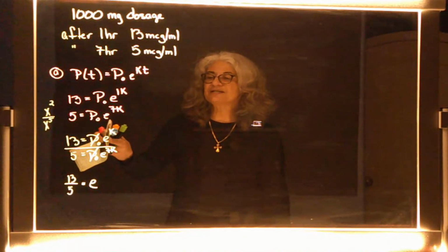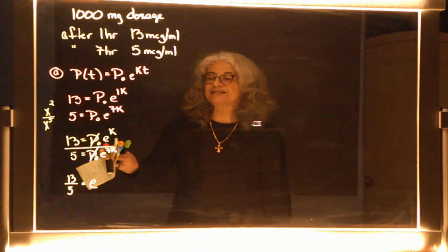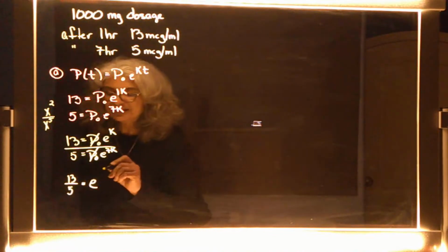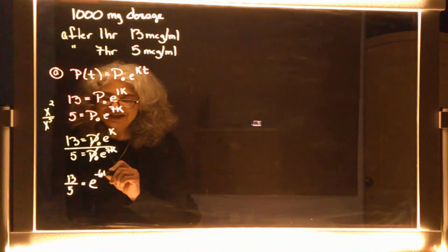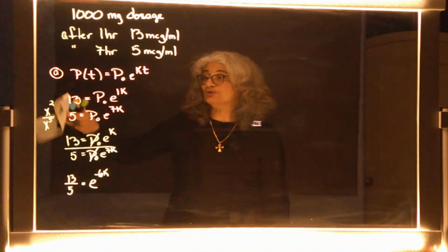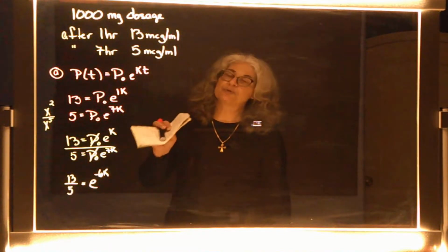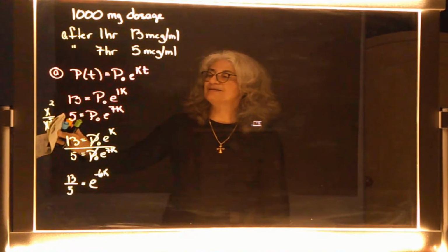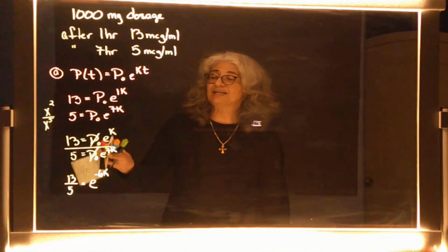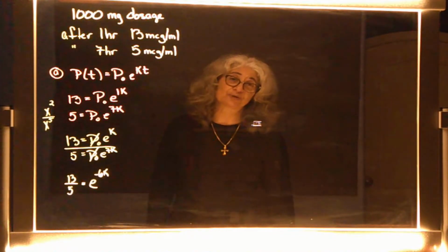So I have e to the 1k over e to the 7k. What would you get? e to the -6k, right? Because when you divide the same bases, you subtract the exponents.